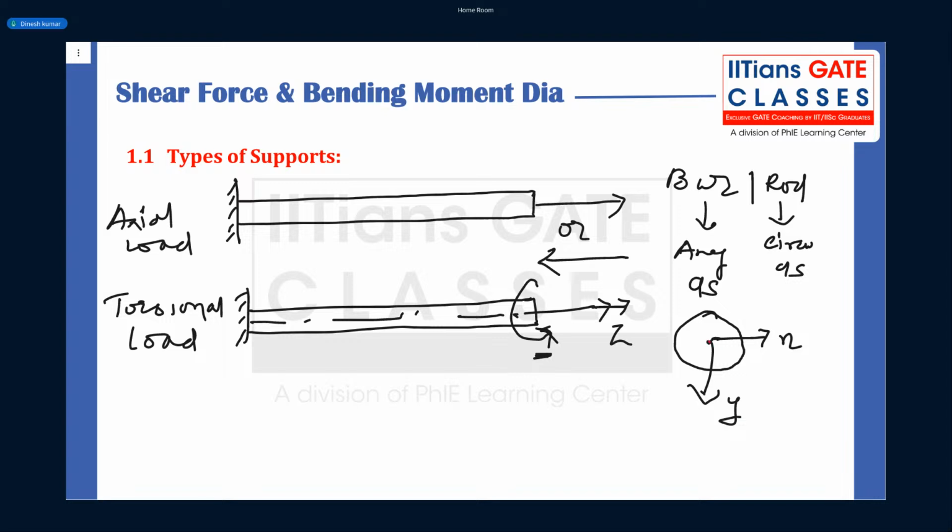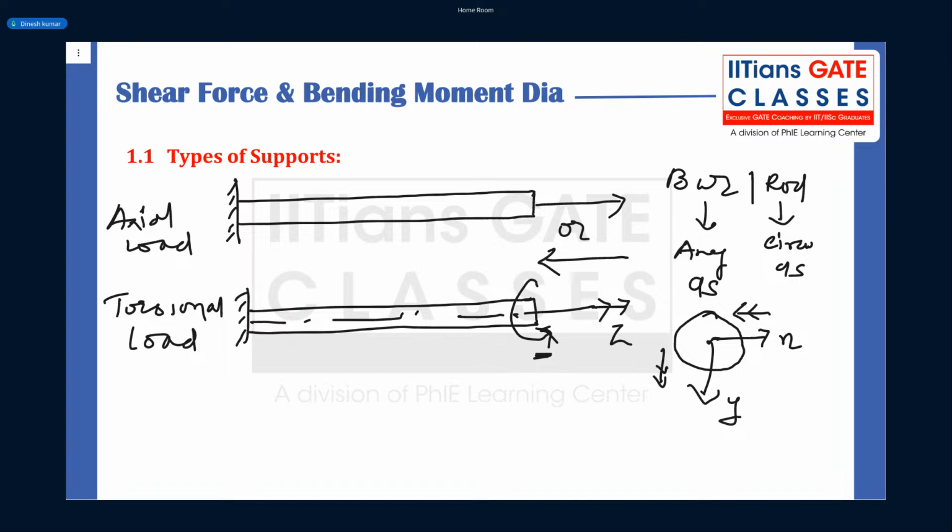Now, if this couple is applied about x or y axis, like this, I'm not bothering about the direction as of now, but I am just writing like this. These are double arrows. So double arrow denotes what? A couple or moment.